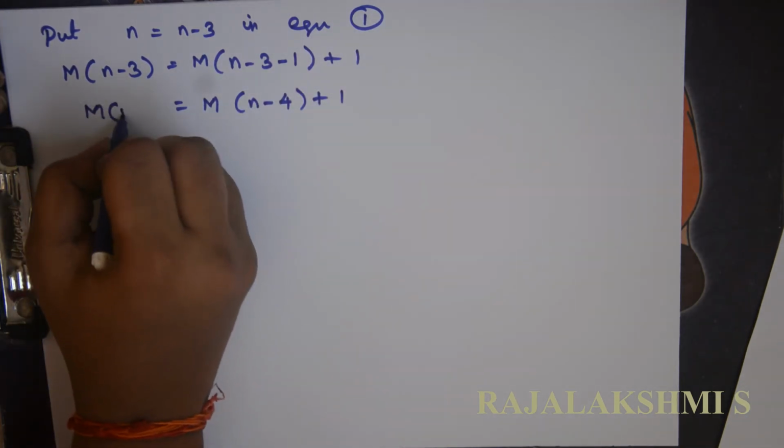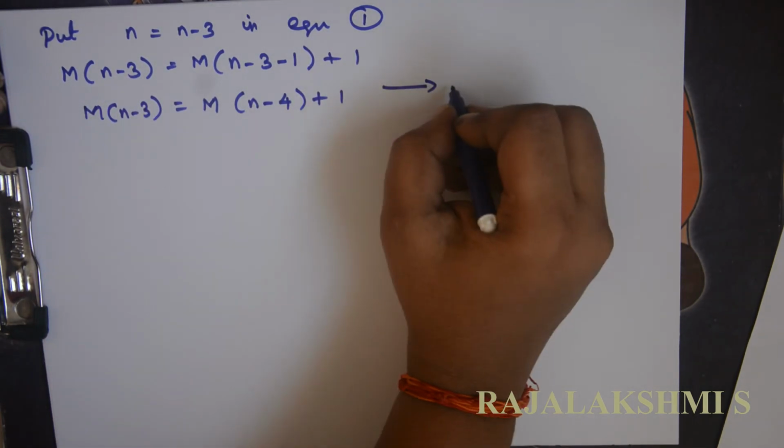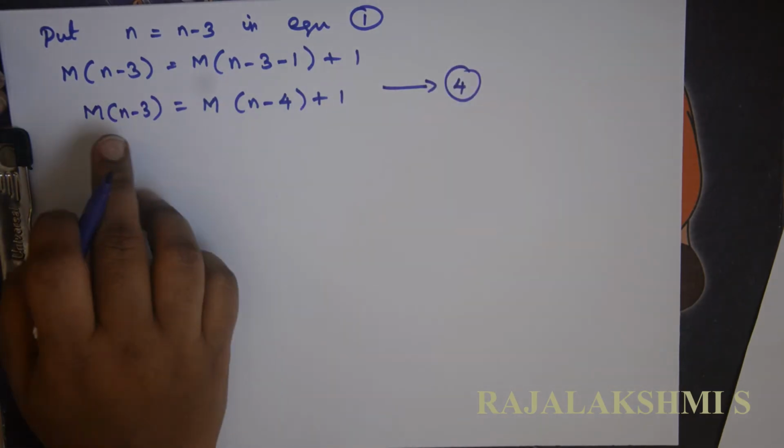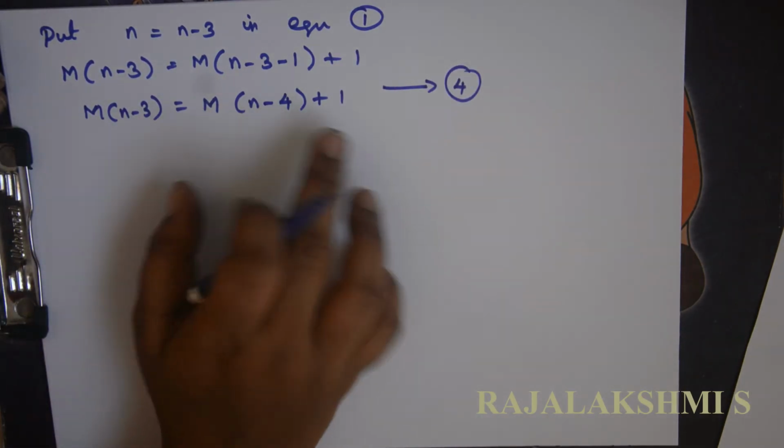This is our M(n-3), and so on the equations go. If I want to find n-4, it will become M(n-5) + 1, and so on.